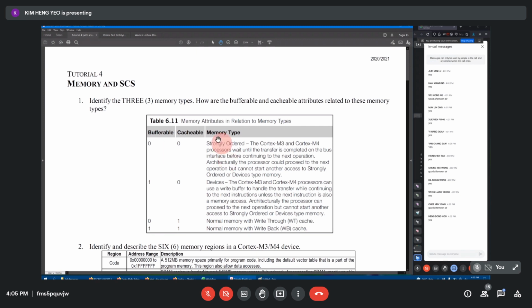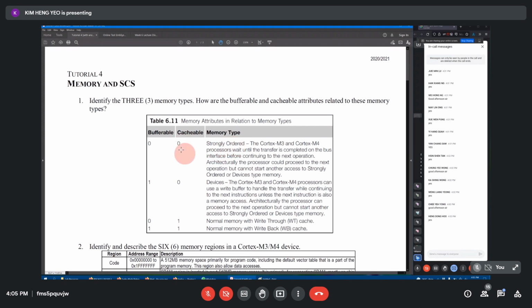But for strongly ordered, you cannot buffer, because when you write to it, it must be in strict sequence. If your program writes to this register, then this register, then this register, it must follow this sequence. That's why it cannot be buffered.